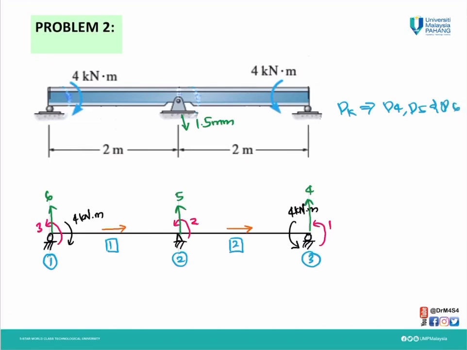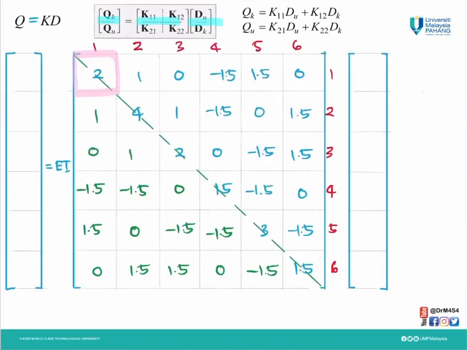But for this structure, there will be a settlement of about 1.5 mm at D5. We need to draw that line. So this is D1, D2, D3, D4, D5, D6.